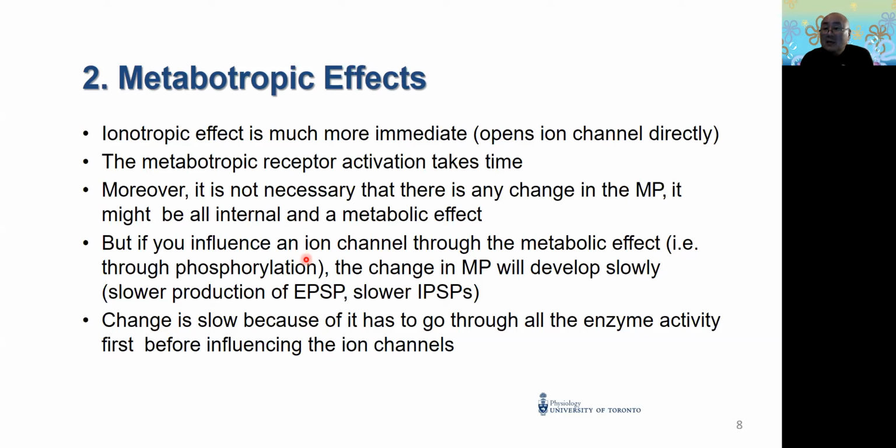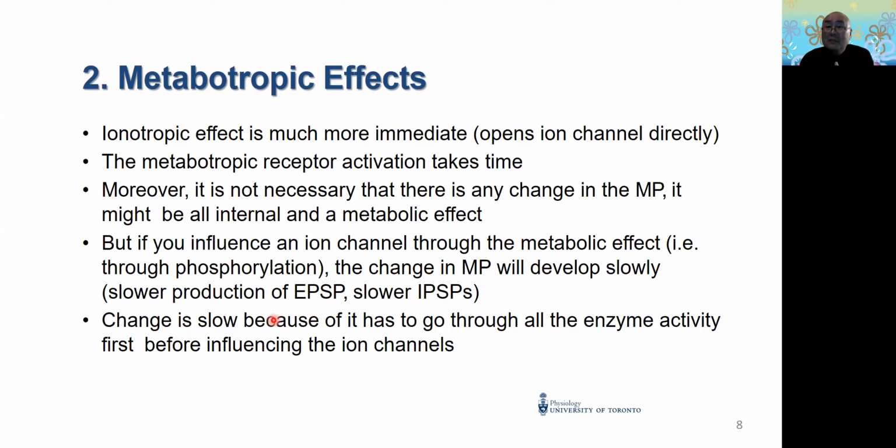And it's not necessarily going to change the membrane potential directly. It may all be internal. It may be activating these second messengers and different phosphokinases. But if you influence one of these different ion channels through this metabotropic effect, you might phosphorylate a channel, you might dephosphorylate a channel. The change in the membrane potential will then develop slowly as more and more of the second messenger and the kinases are brought online.